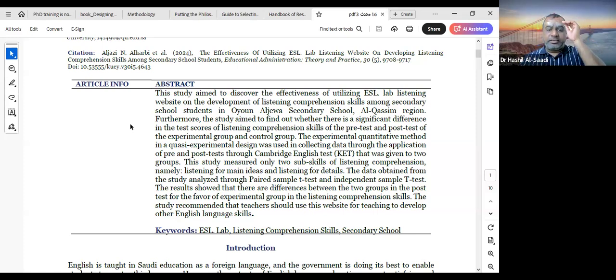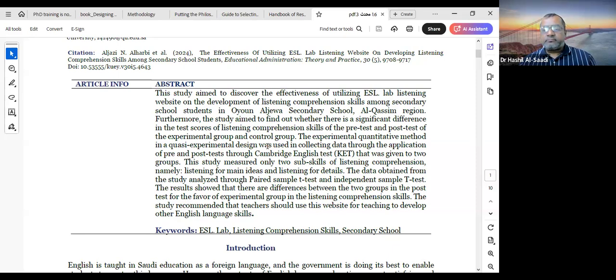So the researcher here explains the topic, the purpose of the topic, and then, of course, the methodology. The experimental quantitative method in a quasi-experimental design was used in collecting data through the application of the pre and post test, through the Cambridge English test.